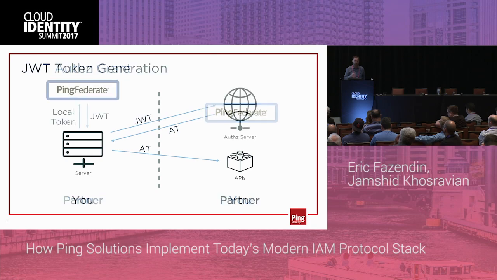Also, to help with that, we've added support for calling PingFederate to issue the JOT specifically for that authorization grant. We do this on top of our WS Trust support. We've done something similar in the past with a SAML token to be used in the same way.